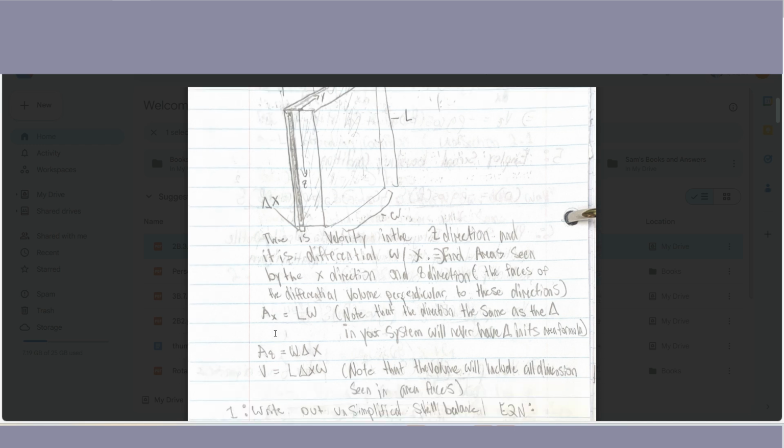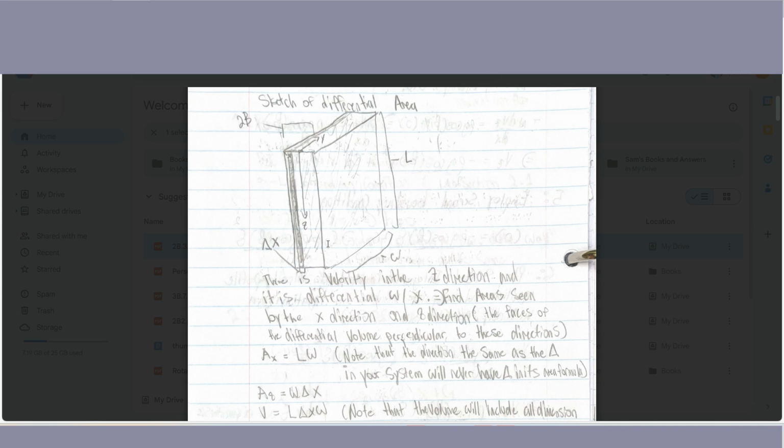So AZ is W delta X. In the Z direction, that's down. So this is this face here, but it's only part of the face. It's delta X times W in the Z direction.